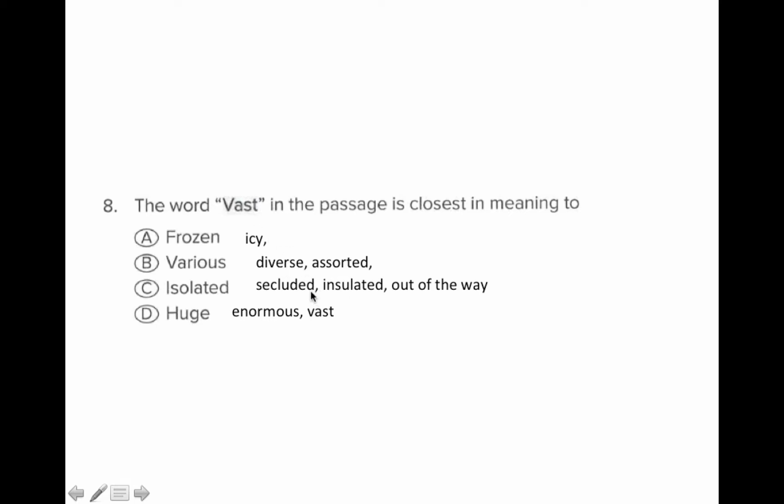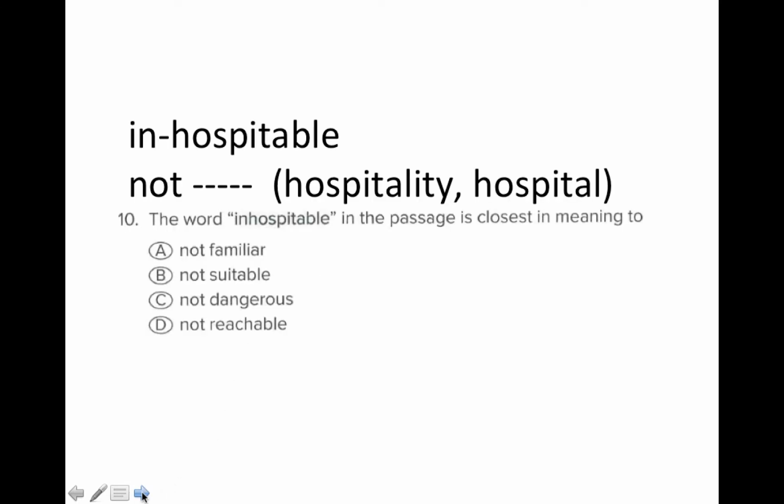None of them seem to match. When I got to huge, the word huge has a lot of different words that share meaning with it. Something simple like large or big, and then more precise as we look at it, enormous or vast. And vast in this case ends up being the correct answer.